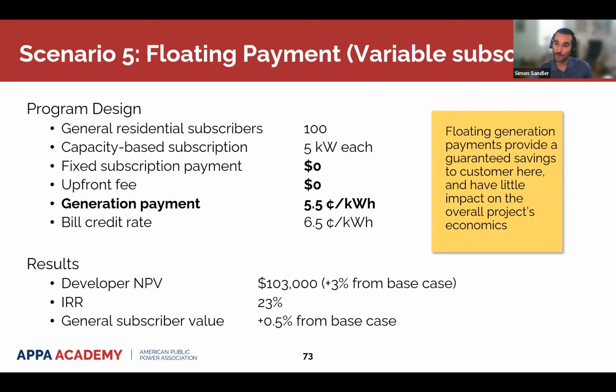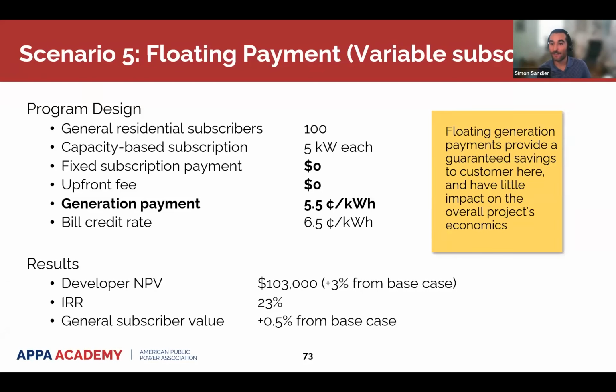However, if you do have a variable subscription, you can tie it to generation. So what you could say is that the customer pays for the generation from 5 kilowatts of a system and receives a bill credit. And what this allows you to do is guarantee that the investment made by the customer is a net positive investment, right?